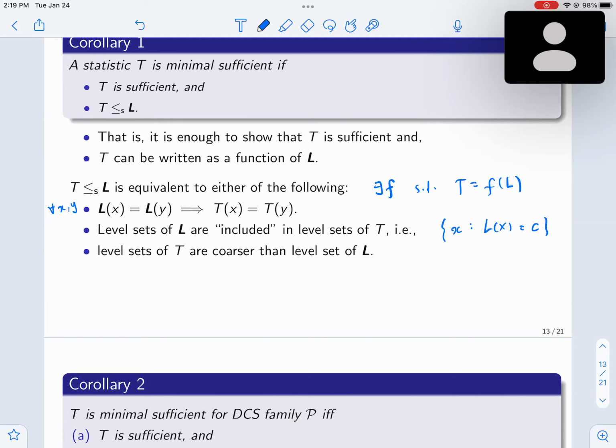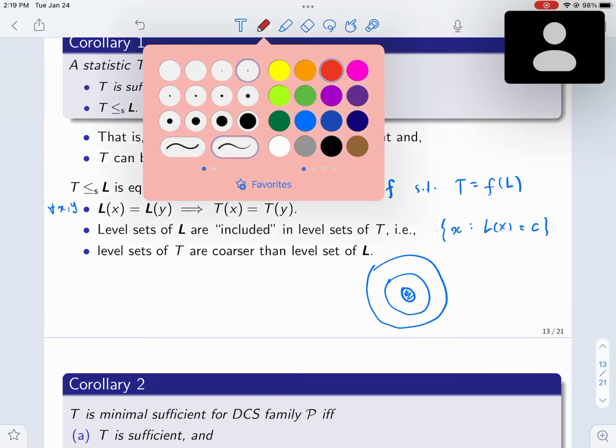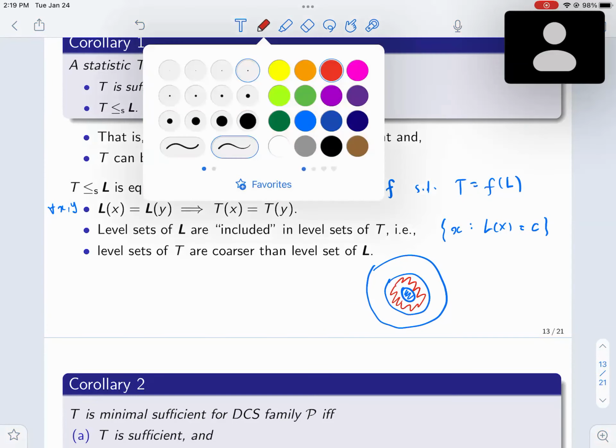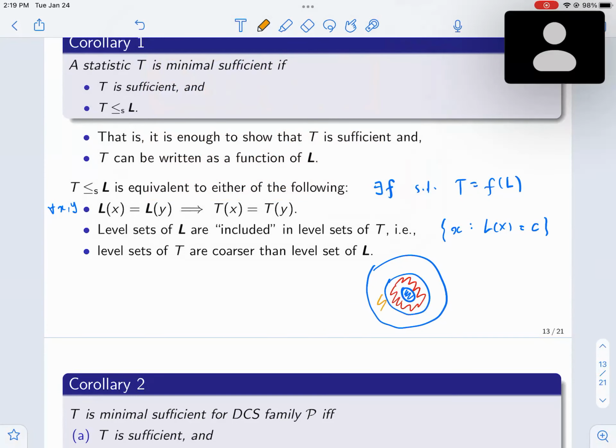So how should we think of it? Roughly, if these are the level sets of L, the level sets of T should be, for example, like maybe T would combine these two level sets.